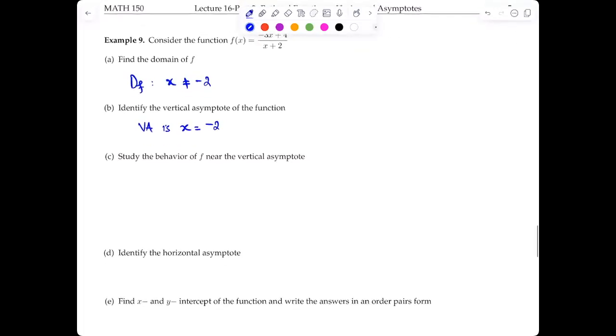Now we study the behavior of the function near the asymptote. The vertical asymptote is -2, so you can see there are two cases. As x approaches -2 from the left, be careful with the notations, and as x approaches -2 from the right. You're with me on that, right? So here is -2.